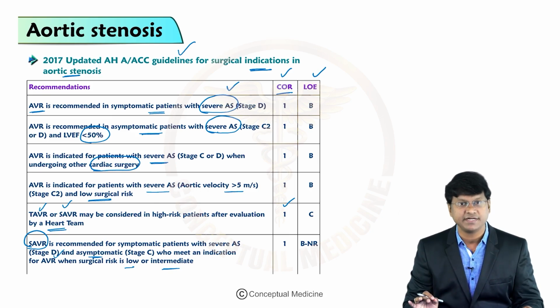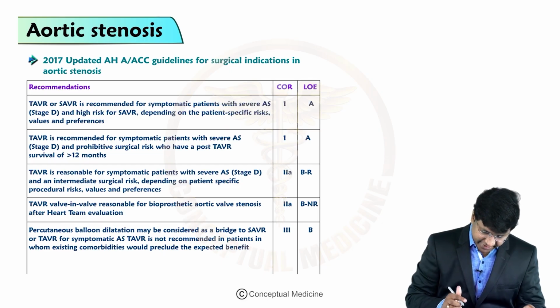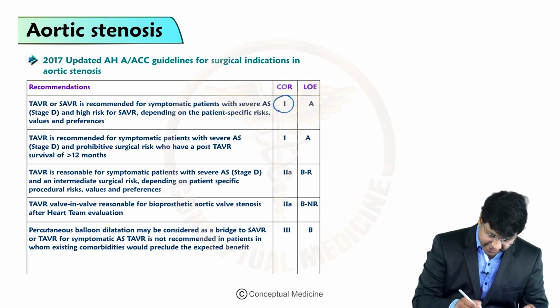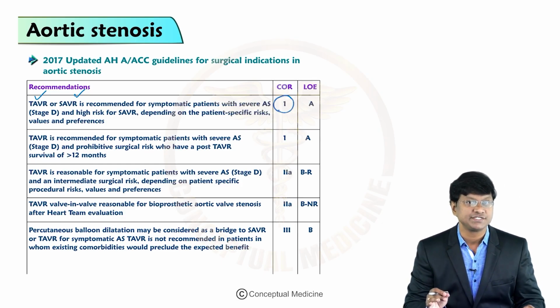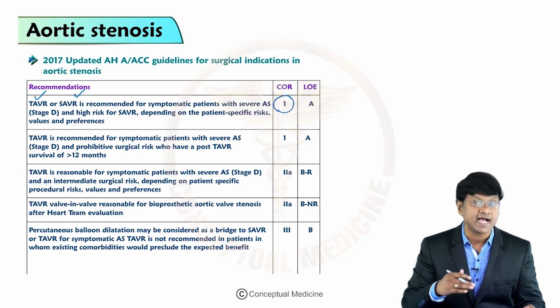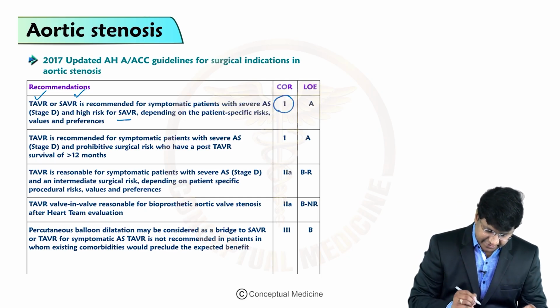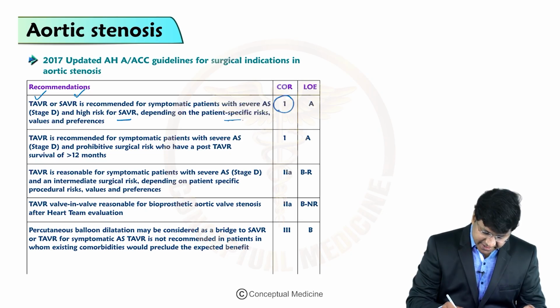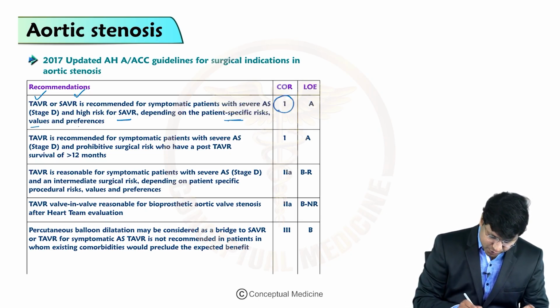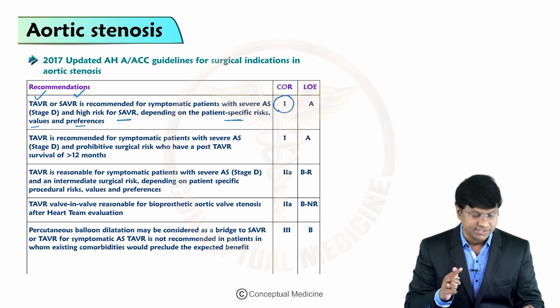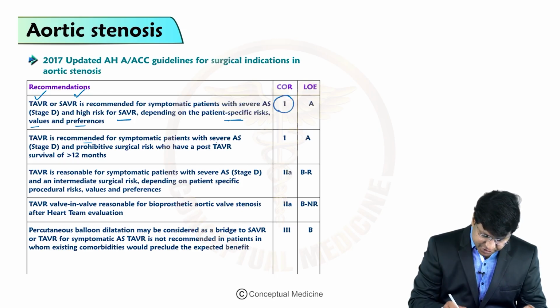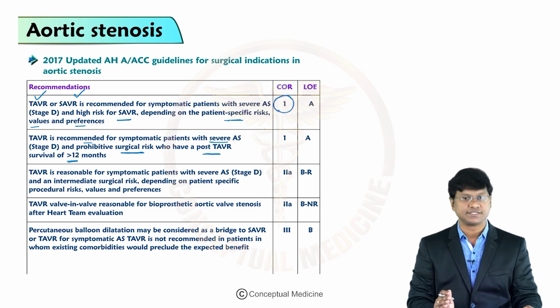One more class 1 recommendation: TAVR or SAVR is recommended for symptomatic patients with severe aortic stenosis and high risk for surgical aortic valve replacement, depending upon the patient's specific risks, values and preferences. And one more class 1 recommendation: TAVR is recommended for symptomatic patients with severe aortic stenosis and prohibitive surgical risk who have a post-TAVR survival of more than 12 months.